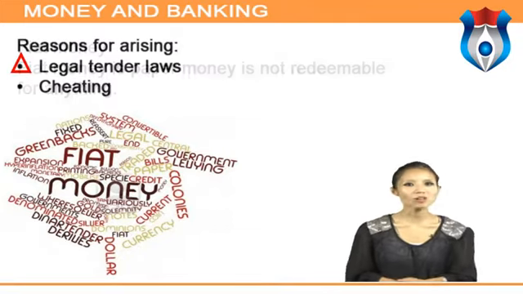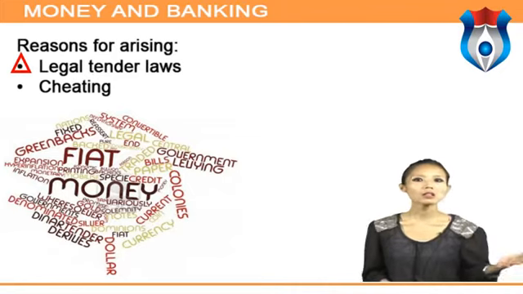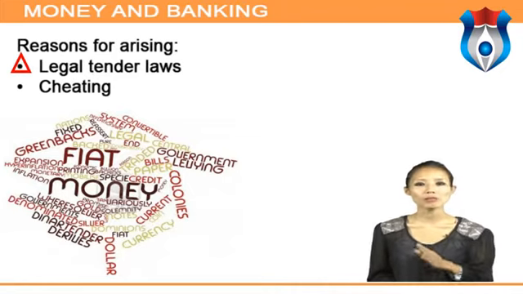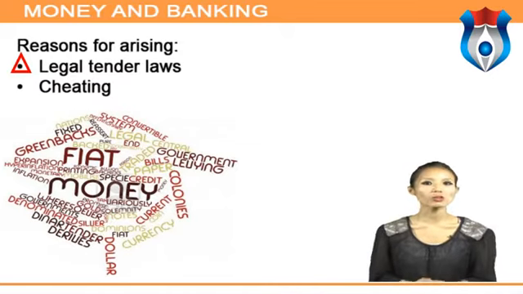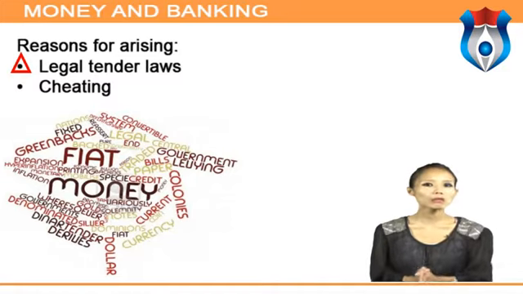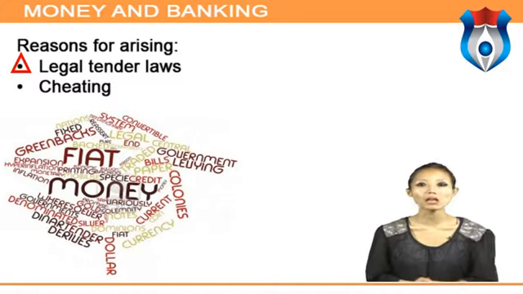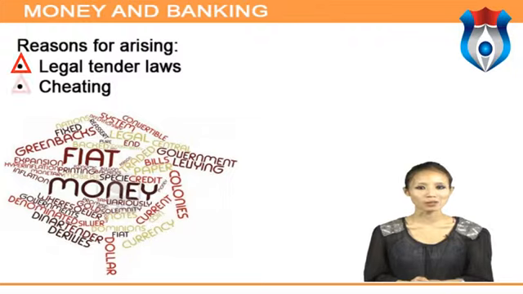Fiat money arises for two reasons. Legal tender laws: these are laws that force people to accept only one kind of paper money. Federal Reserve notes in America, for example, are forced by law on the people of America even though they are not backed by anything other than the faith in the banking system.